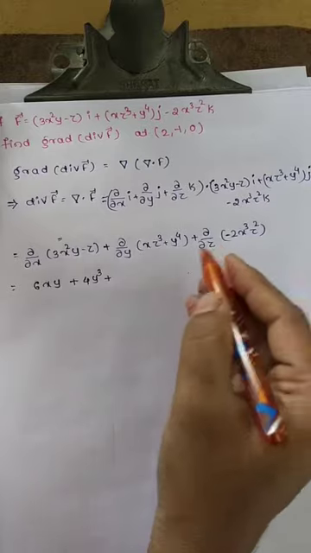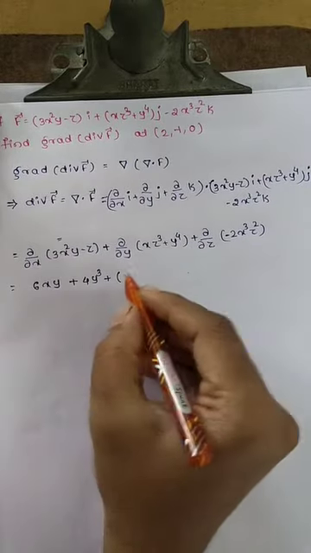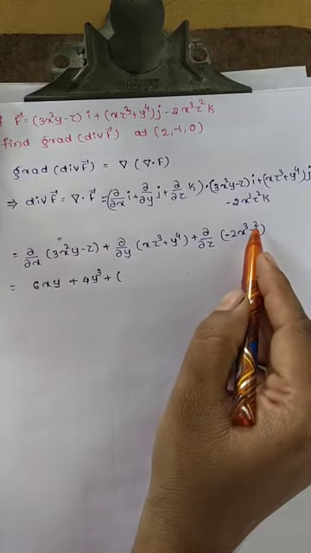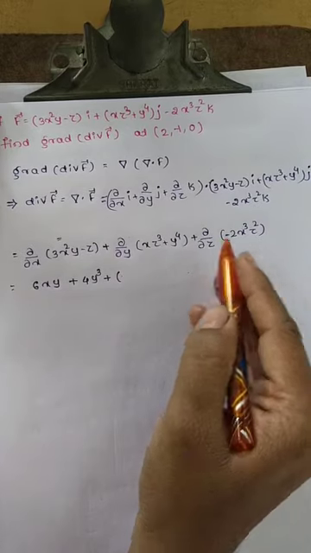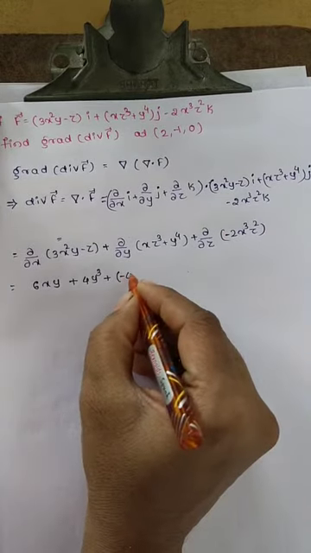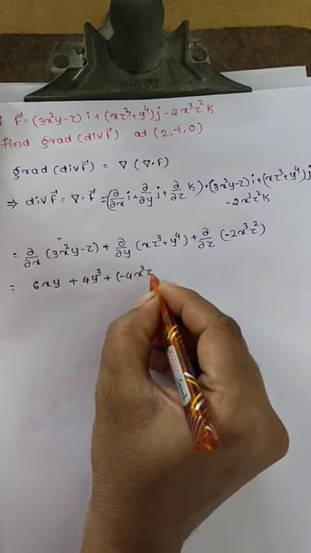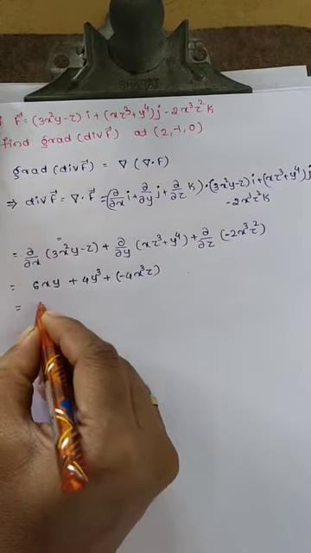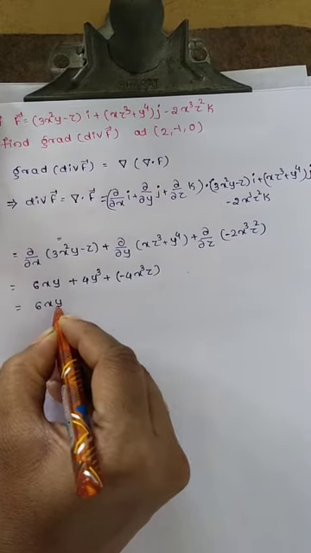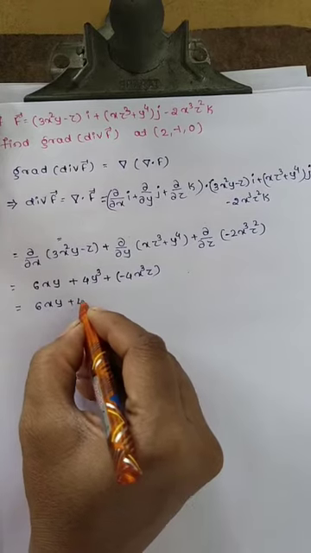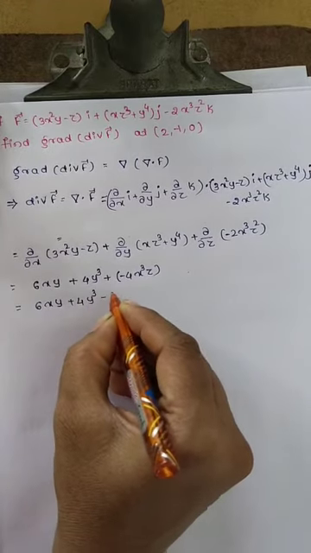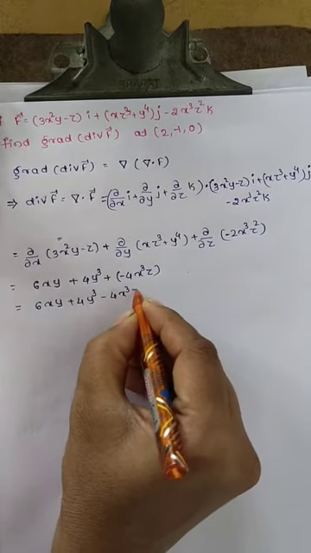Plus, here minus is there, minus z square differentiation is 2z, 2 into 2 becomes 4, minus 4x cube z. This becomes 6xy plus 4y cube minus 4x cube z.